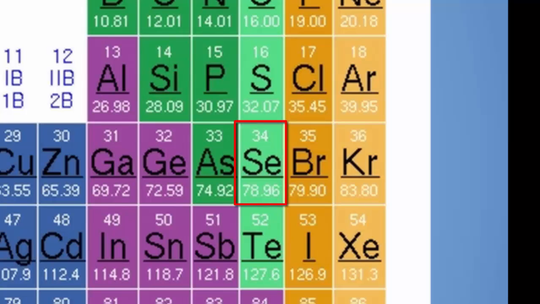The nearest noble gas to selenium is number 36, krypton. So selenium just has to gain 2 electrons to be like krypton. When it gains 2 electrons, it becomes a -2 charge, and its name becomes selenide instead of selenium. Okay? So that's how we can figure out how many electrons an atom is going to gain or lose and what its charge is going to be.